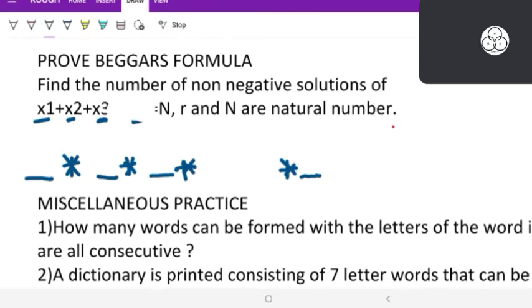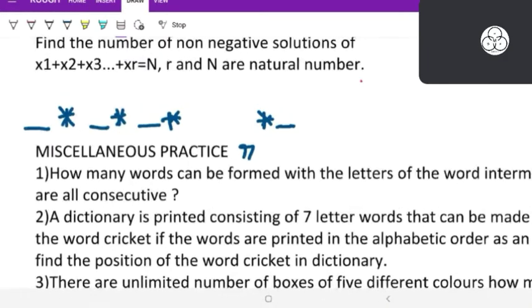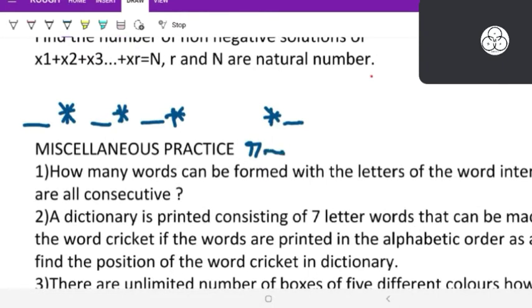For x1, x2 and x3, how many plus signs are there? Only 2. For 3 different boxes, we have 2 stars. For r boxes, how many stars are there? r minus 1. Yes, r minus 1 stars are there.